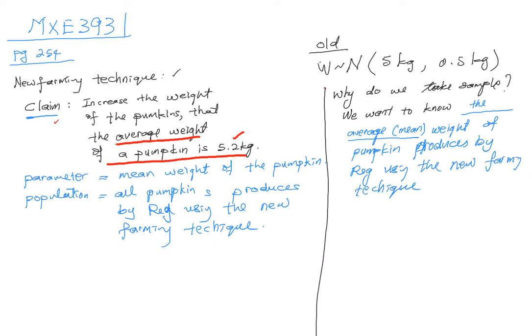So you see, in this case I have specified the parameter. Here is the parameter and also the population. So why do we take samples? We take a sample because we want to know the true parameter of a population.